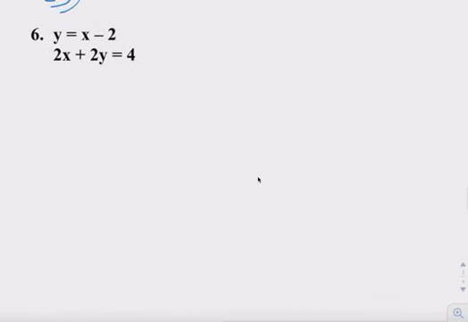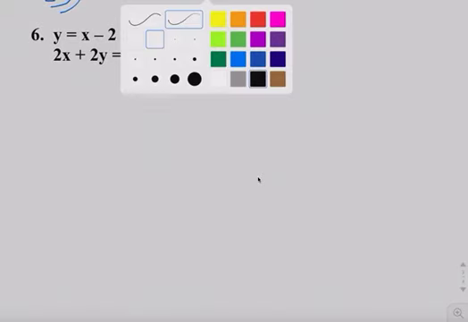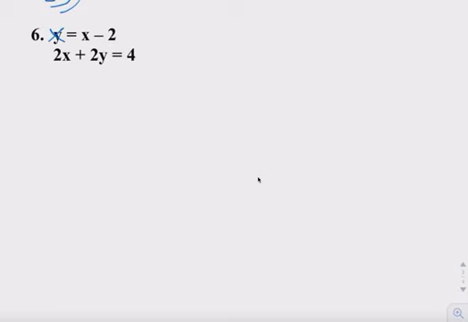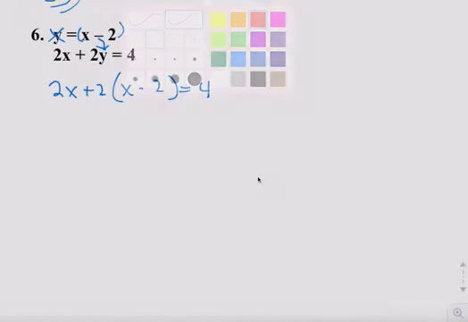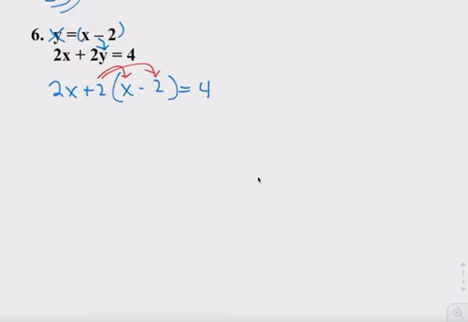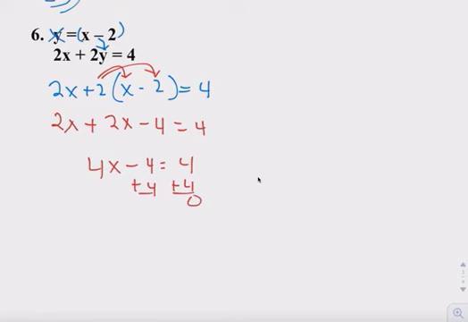Okay, here we go. You eliminate this, get rid of that, put that in there. So 2x plus 2 parentheses x minus 2 equals 4. Distribute. Add 4 to both sides to get 0.